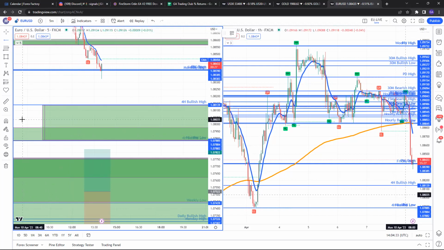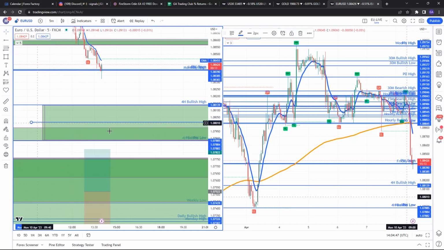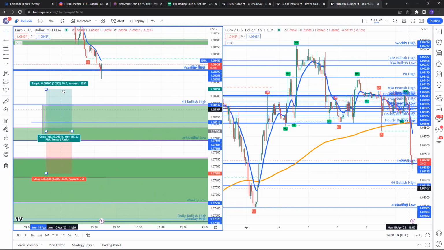So it was a 25 pip zone, so half of that would be like 12 pips. All right, so whatever half of 1.08140 and 1.07885 is, and then we have 3 trades, right?